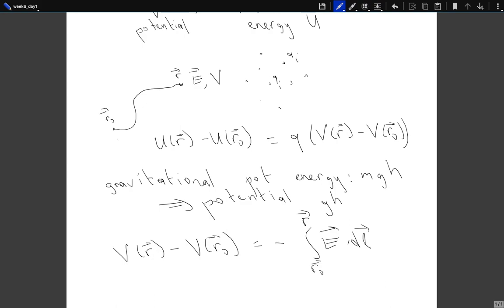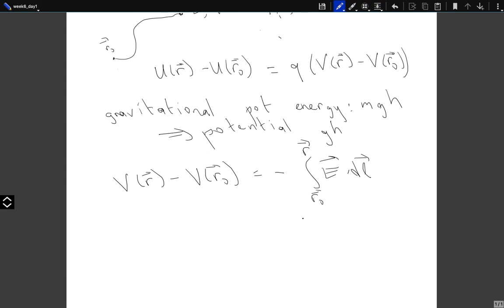So if we calculate the work that we should do if we want to carry a point charge from some point to the other point, it will be independent of how we go from the initial point to the final point. So whether we go along such a path or along this path, the work done would be exactly the same. Just like that, the potential difference between 2 points is again defined by this integral. And again, the value of that integral is independent of how you go from this point to the final point.